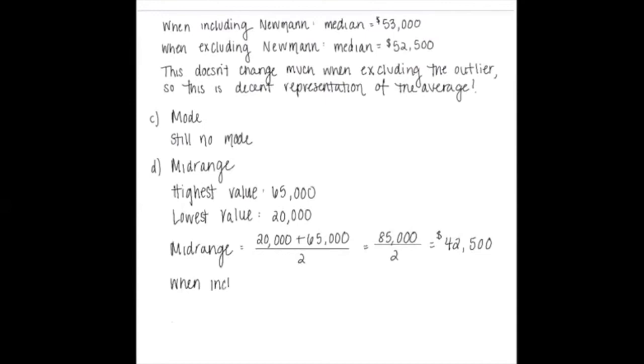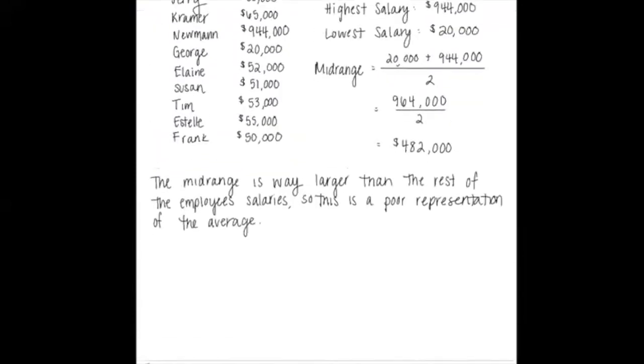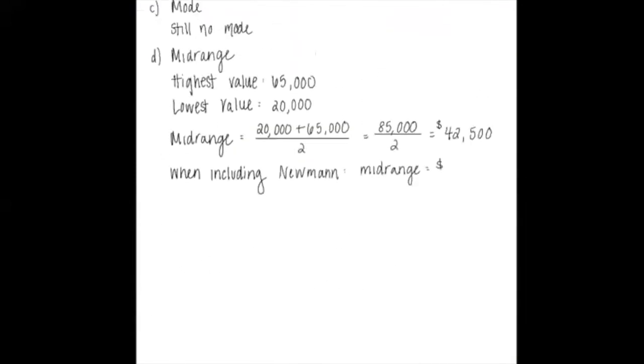So when including Newman, the mid-range was a whopping 482,000. When excluding Newman, it changes and it even goes lower than most of our information.